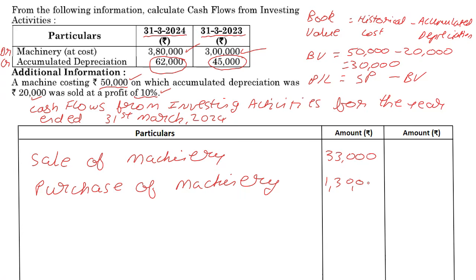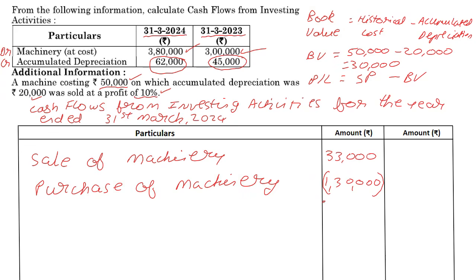Now remember, when you are selling machinery, it is a positive number because money is coming in. Purchase of machinery is a negative number. Money is going out. So what we have to do is put it in brackets like this. Okay, and now we solve for the difference.